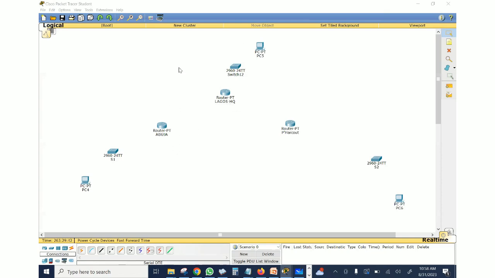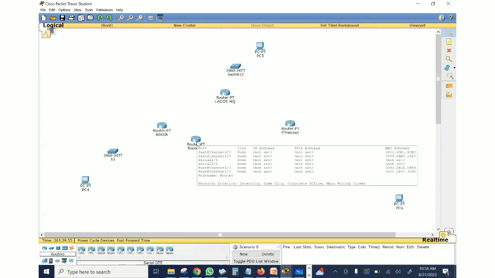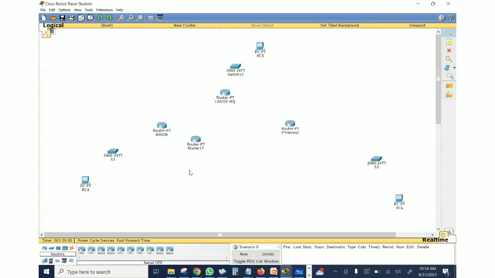If you are picking a router for this particular practical, make sure you use the generic router. It is the one that has the interface that we will be using, so take note of that.